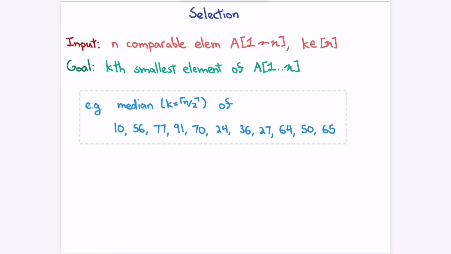Okay. So let's take this example here of 10 or 11 numbers or something. What is a median of this set of numbers?